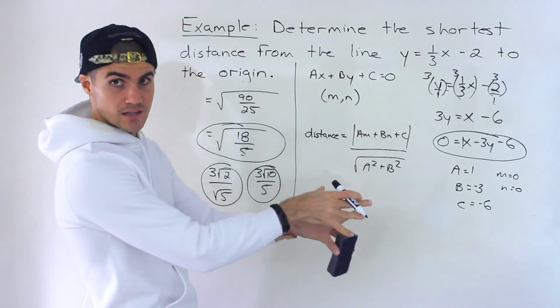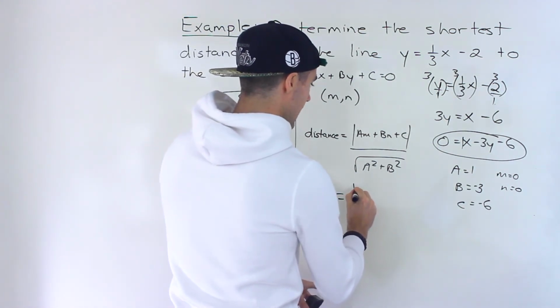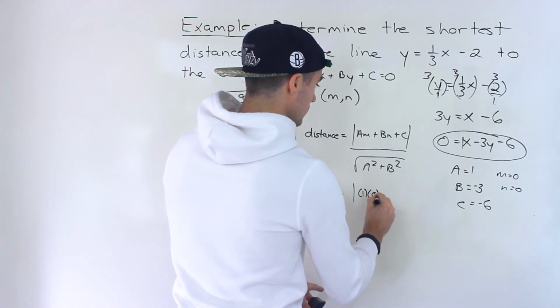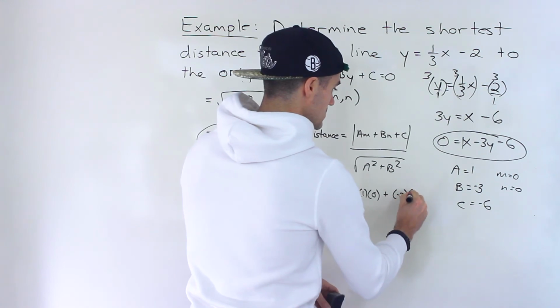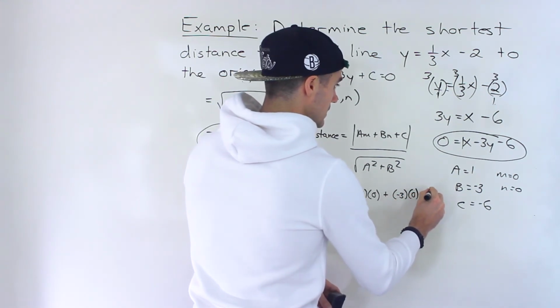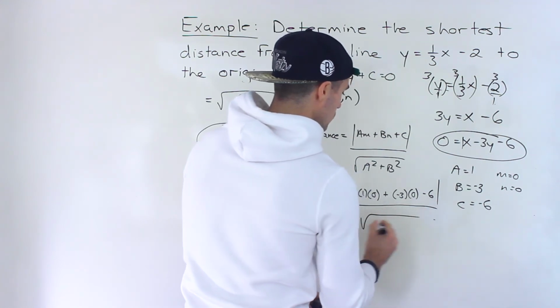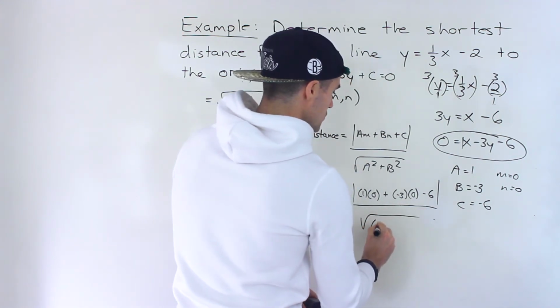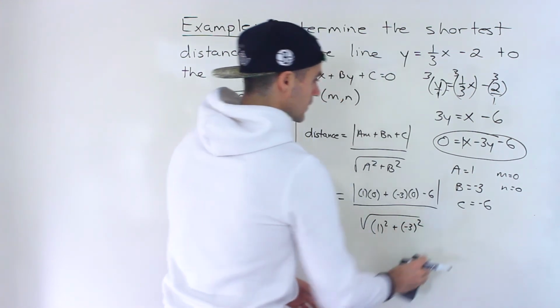We just have to take those parameters and plug them in here. So we'd have A, which is 1, times 0, the M value, plus the B value, which is -3, times 0, minus 6, all over the square root of A, which is 1 squared, plus the B value, -3 squared.